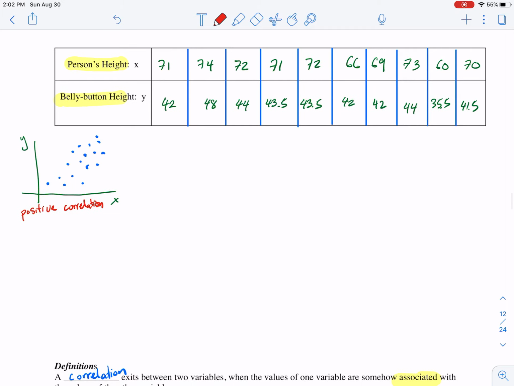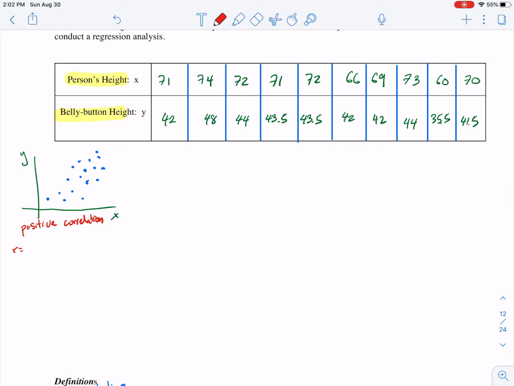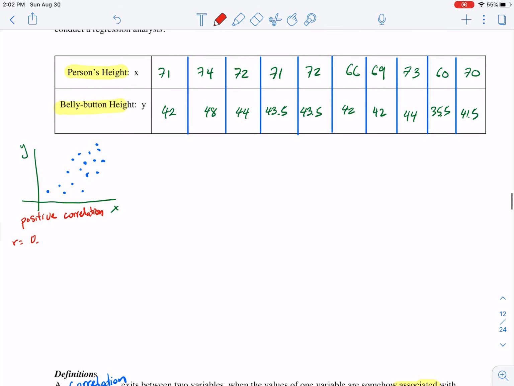The R value is what we use to measure the strength, how closely x and y are related. Notice how these points are not on a straight line, they kind of scatter a little bit. So it's not 100% correlation, but it's somewhat close to that. We can say this is roughly about 0.85, something roughly around there.